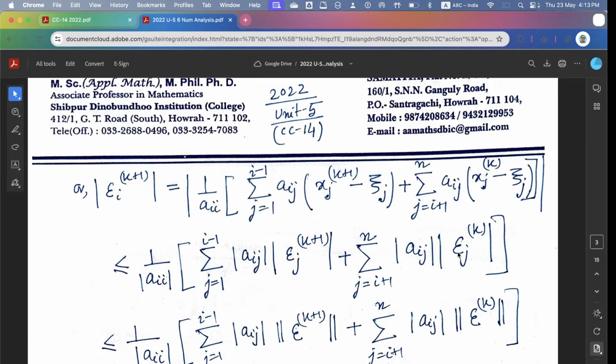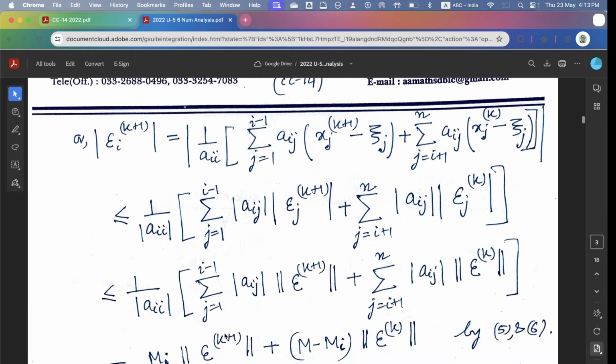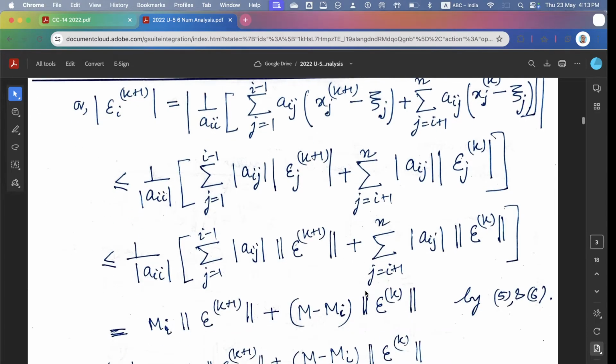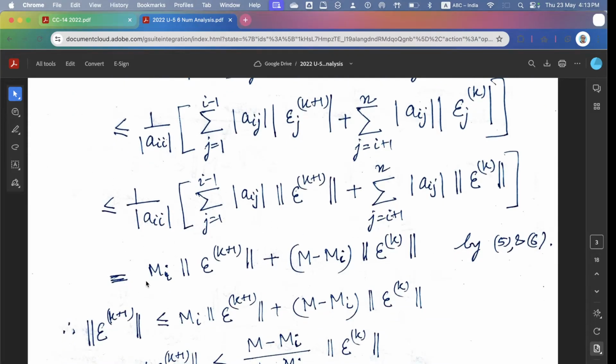This is less than or equal to 1 by modulus of aii summation over j equal to 1 to i minus 1 of modulus of aij times norm of epsilon^(k+1), plus summation over j equal to i plus 1 to n of modulus of aij times norm of epsilon^k. So this is equal to mi by the definition of mi, and M minus mi times norm of epsilon^k.